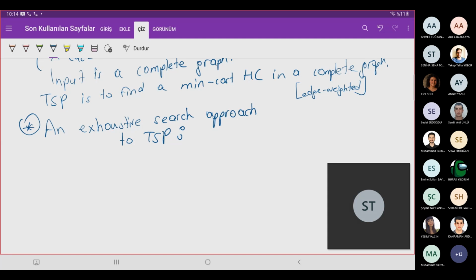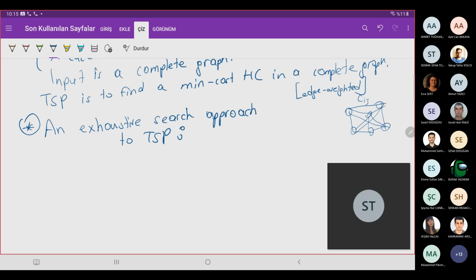You are given a complete graph, meaning that everybody is connected to everybody. That's what the complete graph is. It would be too complicated here, so I cannot maybe draw all of them, but that's what it is. And there is a weight cost on all of these edges. And I want to find the cycle that passes through every vertex exactly once, of course, otherwise it wouldn't be a cycle. And the total weight is minimum.